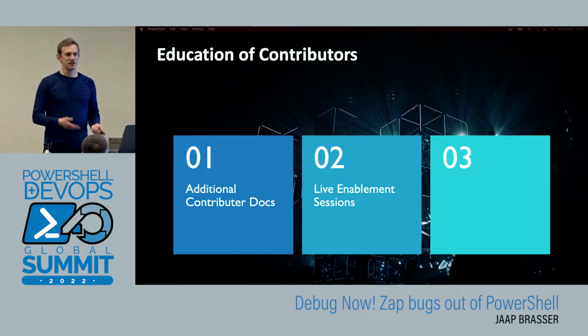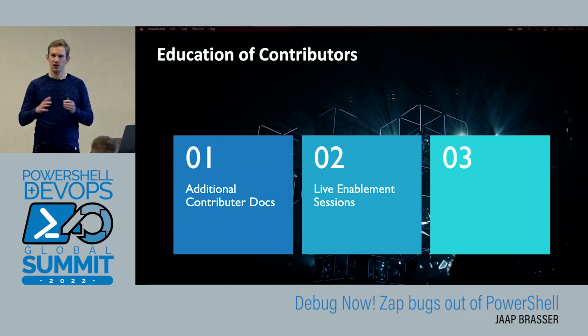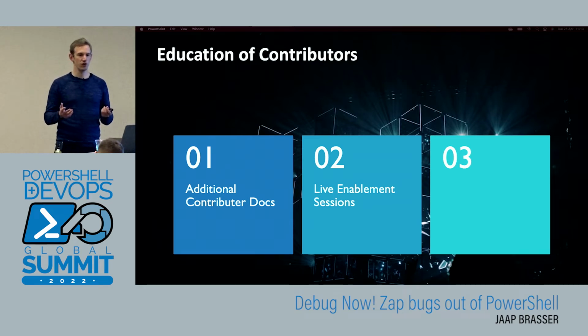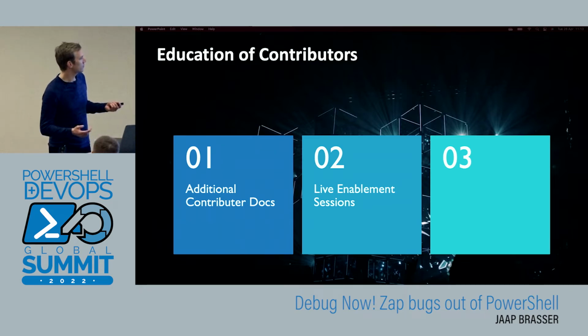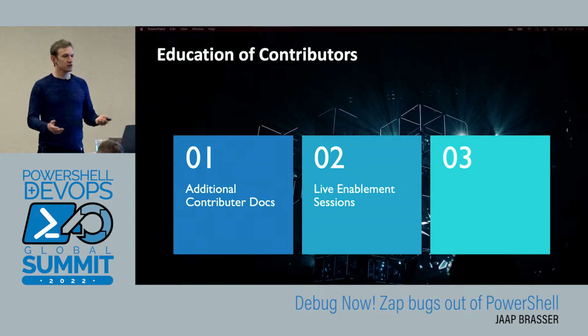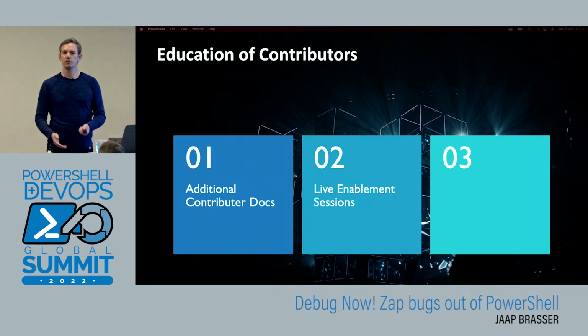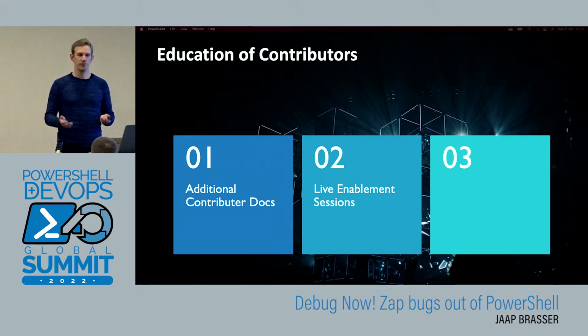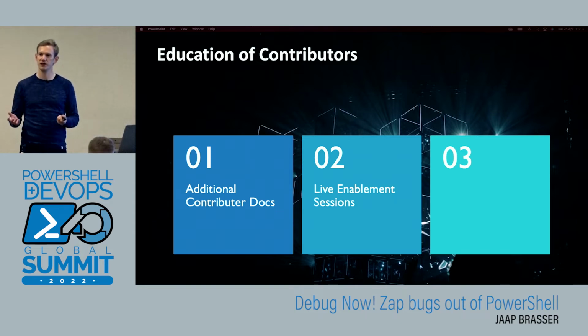Then the second part was the developers in my team. We're working on this together, but we're also, oh wait, the last block, that color is not correct. Anyway, in order to educate other contributors, we made sure that our contribution documentation was up to date.